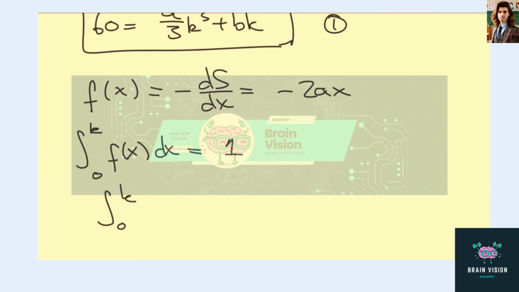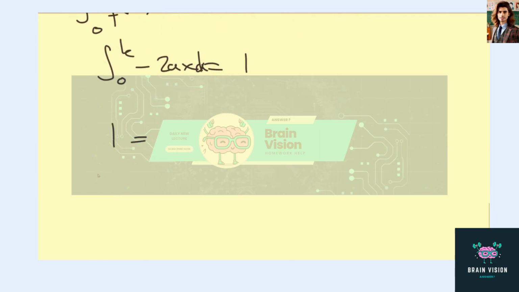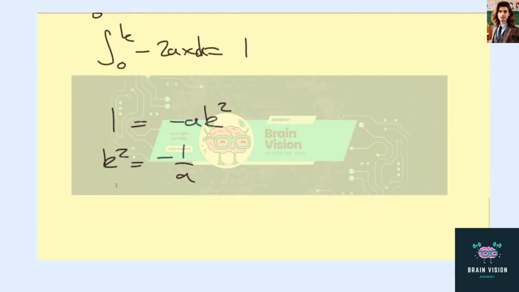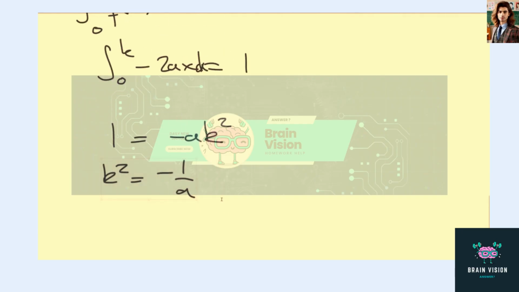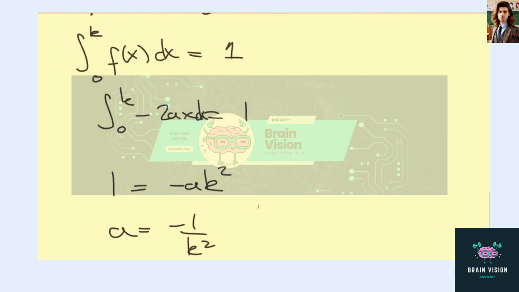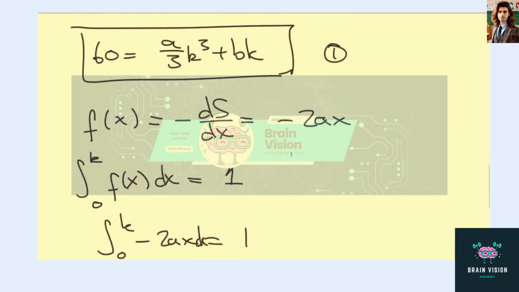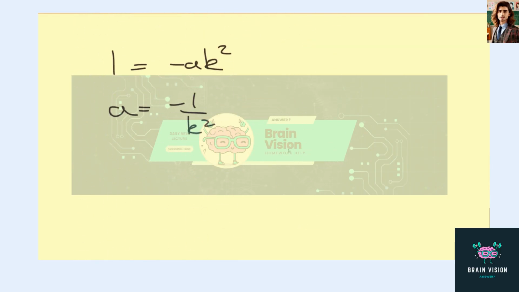So the integral from 0 to k of minus 2ax dx equals 1. So 1 equals minus ak squared. So we've related a and k now. We get that k squared equals minus 1 over a, or better, a is going to be minus 1 over k squared. So now we can put that back into the equation up here. So this is equation 2.